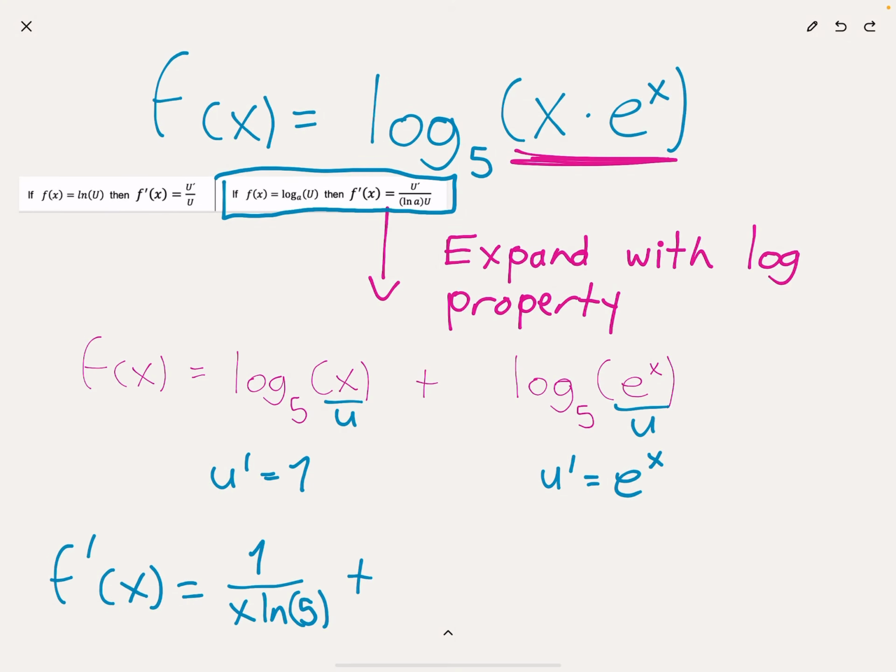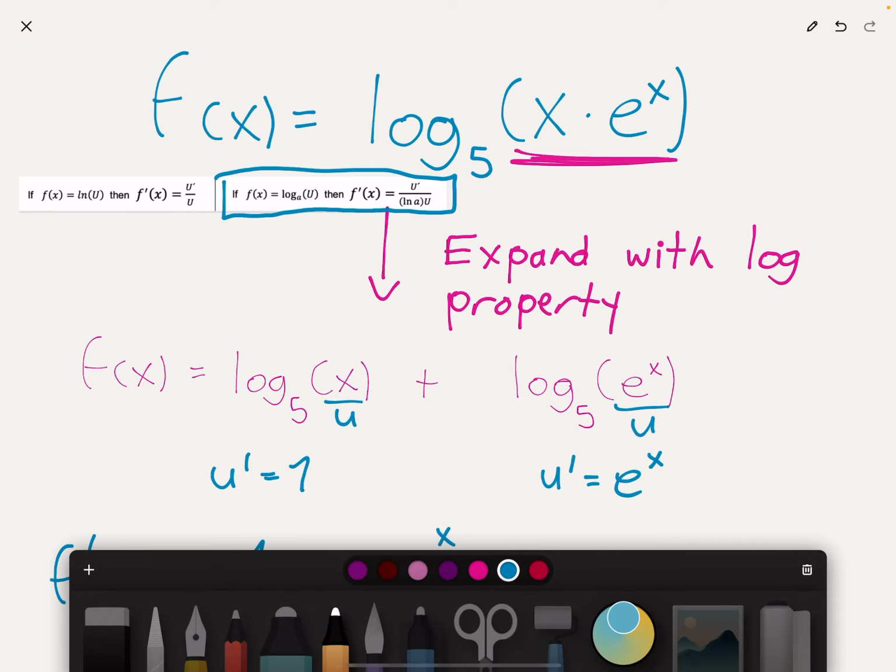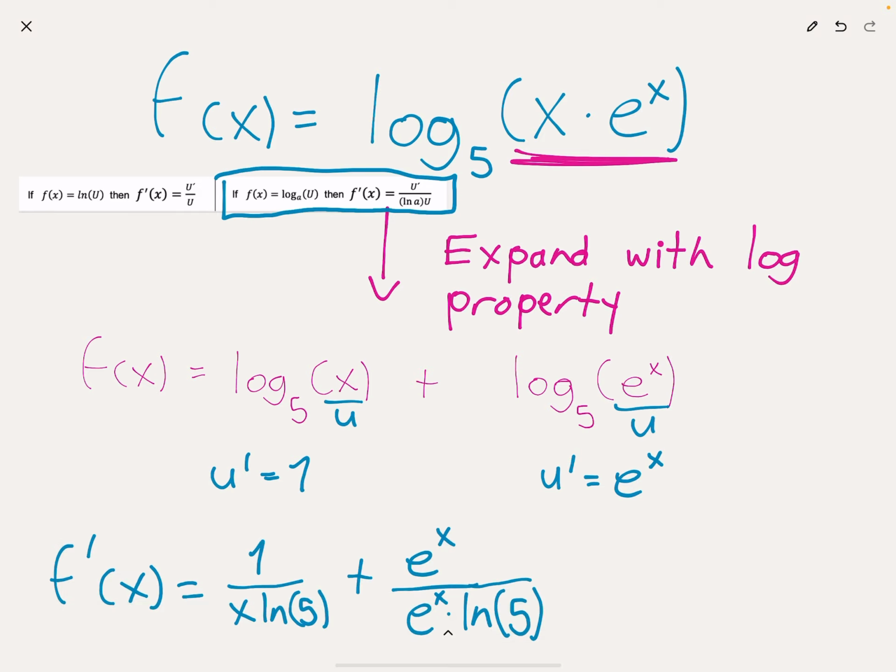So plus the derivative of u, e power x, over the argument e power x times the natural logarithm of the same base 5. So this is pretty much almost done, but on the right side we can simplify this e power x because it's exactly the same.